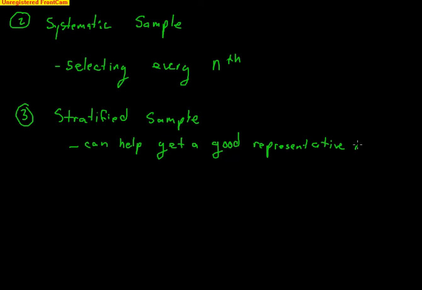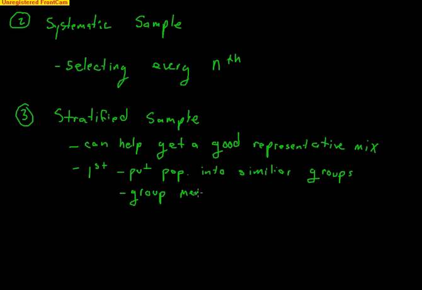Now, what we do in a stratified sample is we first put the population into similar groups. That means that if I'm going to divide the population into groups, the group members have something in common.